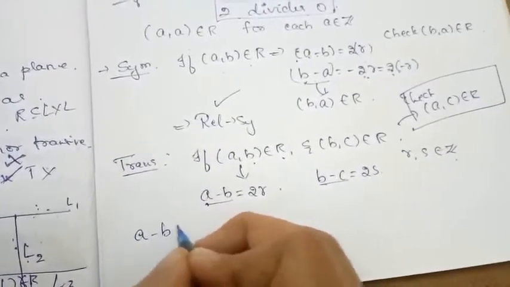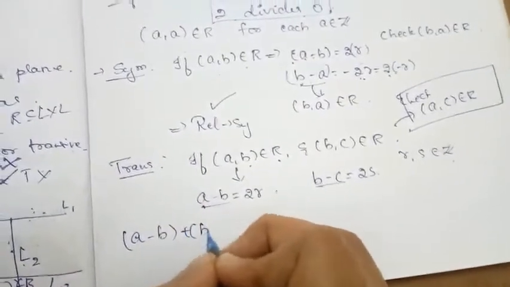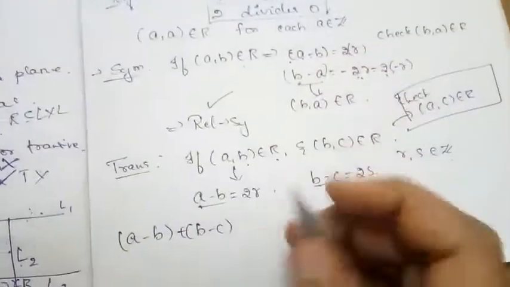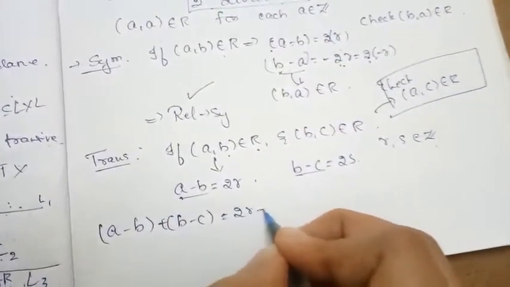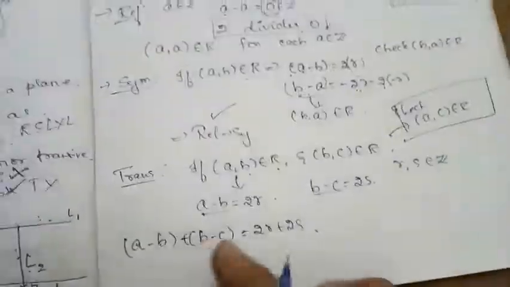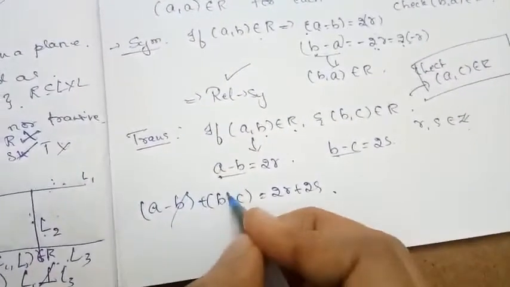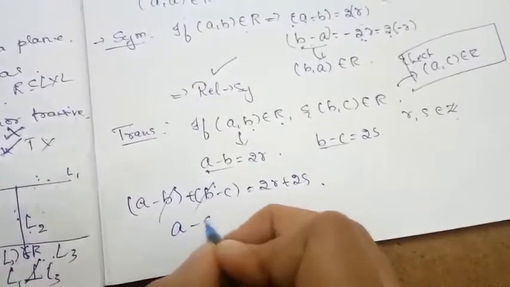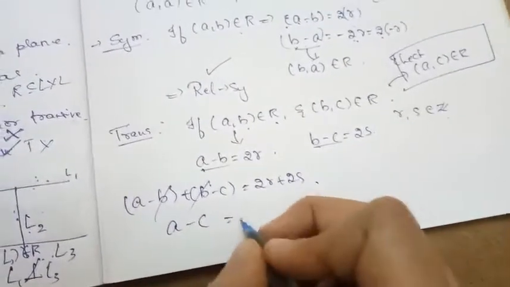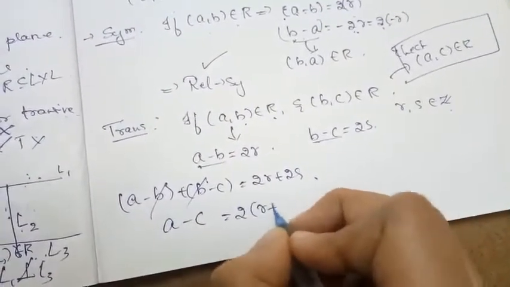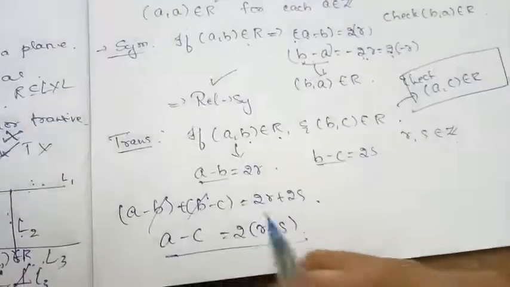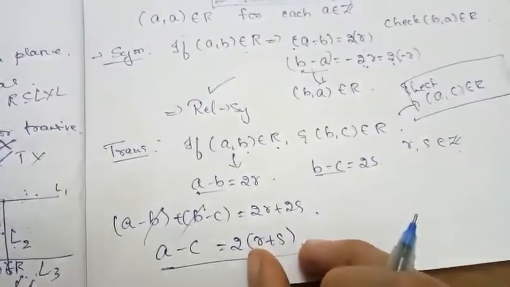I am adding A minus B plus B minus C. If I add on the LHS, I add on the RHS also. On the LHS, plus B minus B gets cancelled, it becomes A minus C. Taking 2 common outside on the right, it becomes 2 times r plus s. Now you can see A minus C is equal to 2 times some integer.